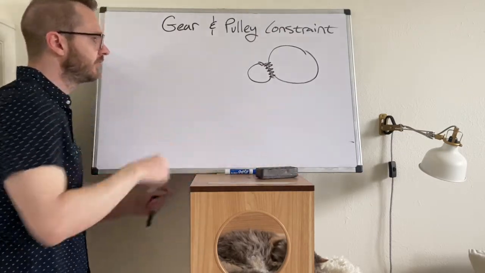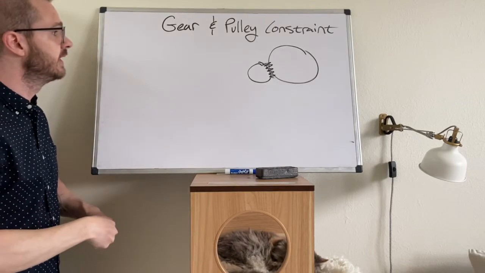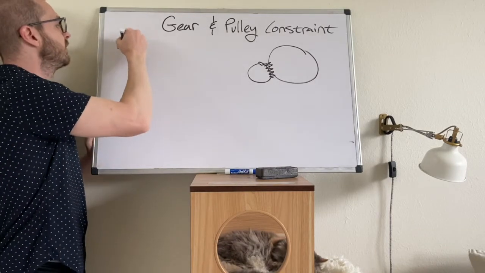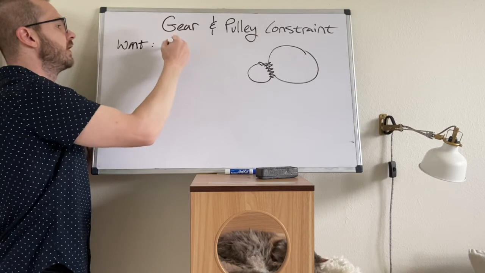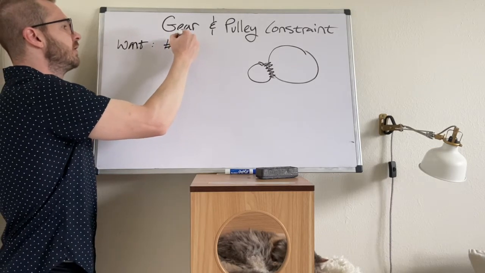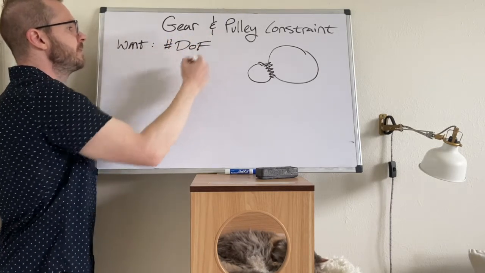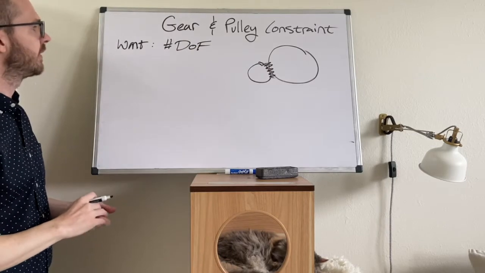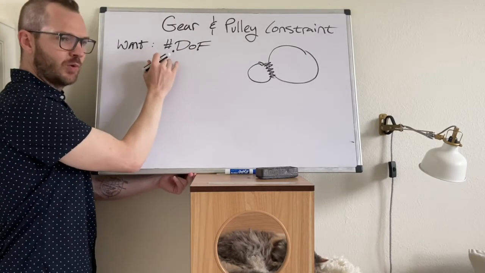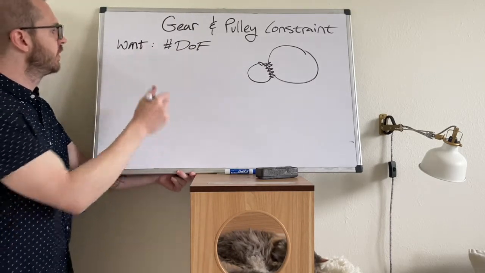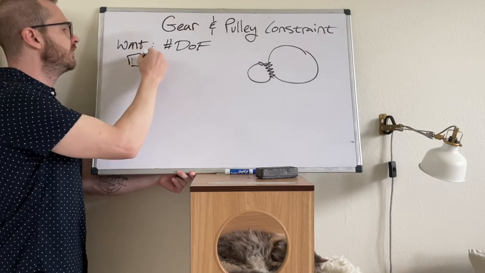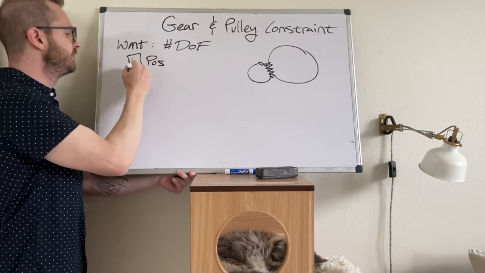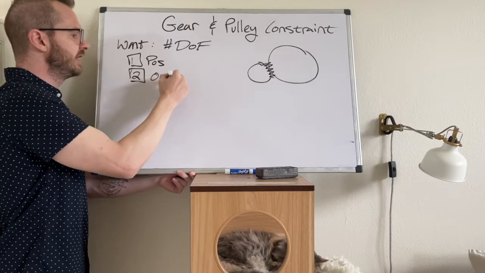All right, so for the dynamics then, what do we want? We want the number of degrees of freedom. And remember, we talked about this in the previous problem. In order to answer this question about degrees of freedom, what do we have to do? We need to do position, we need to do orientation.